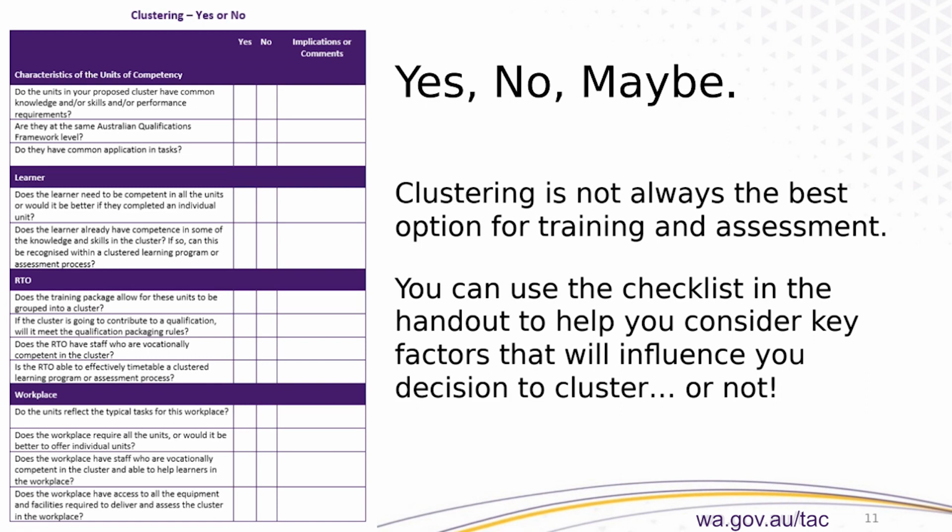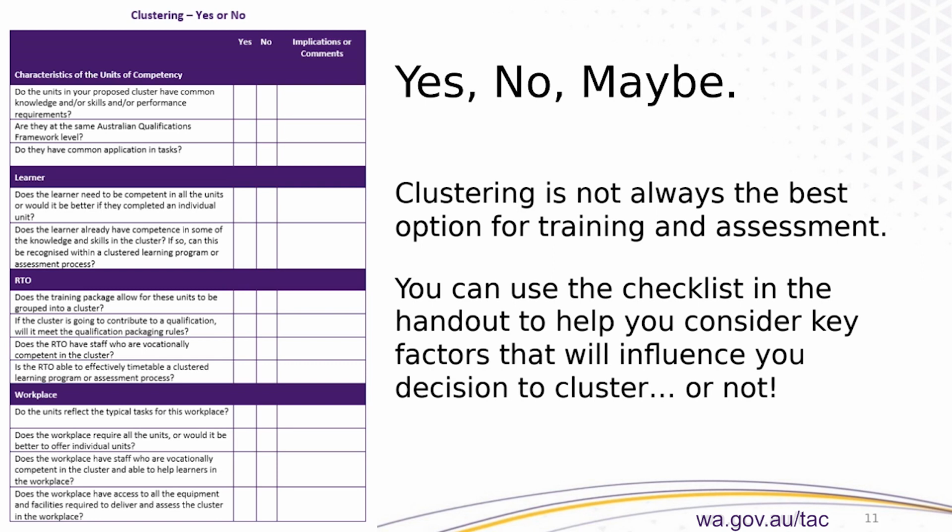This is a set of questions that you might like to consider to say, yes, it's a good idea to cluster, no, it's not, or maybe we've got to do a little bit more digging to figure out if this is right. Now, we can answer yes or answer no, and neither of those things actually mean we would cluster or not, but it does mean we have to consider the implications of those things for clustering.